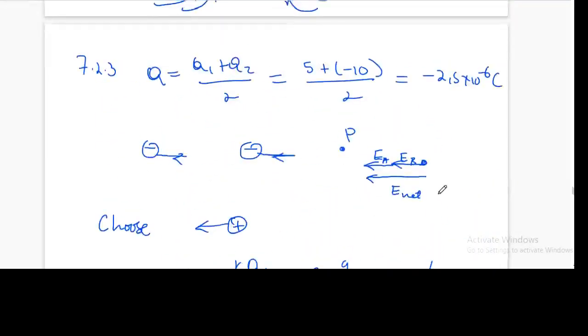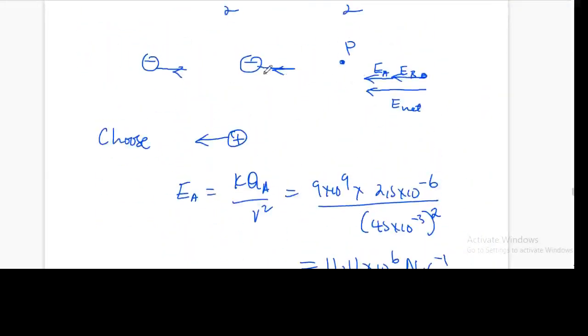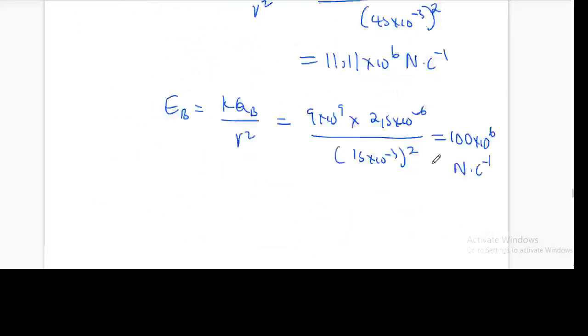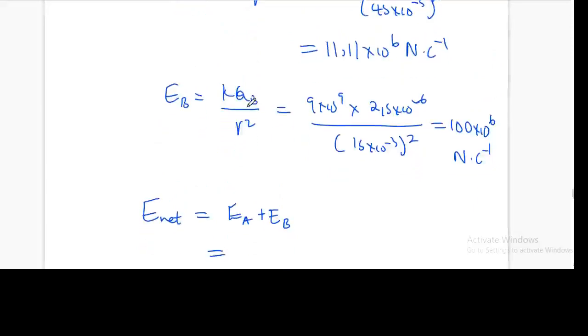Since they're all going to the left, and I say left is positive, E net is going to be EA plus EB. So I'm going to add these values together: 11.11 times 10 to the power 6 plus 100 times 10 to the power 6.